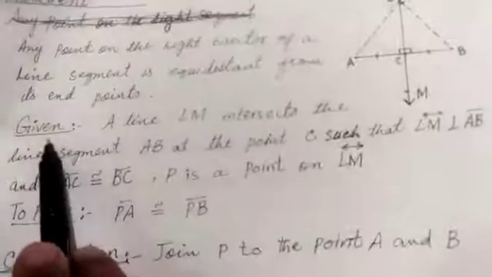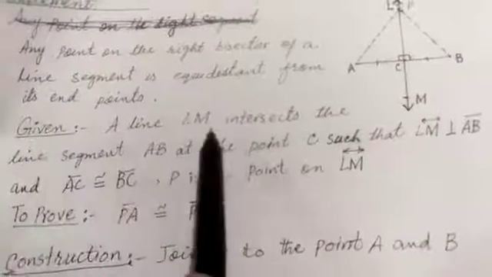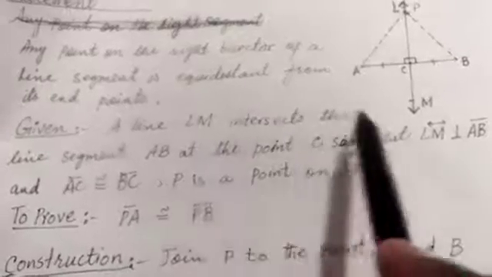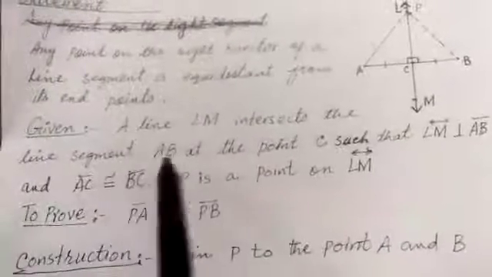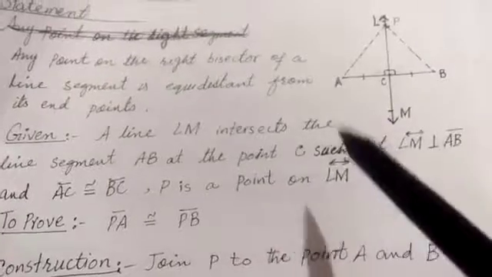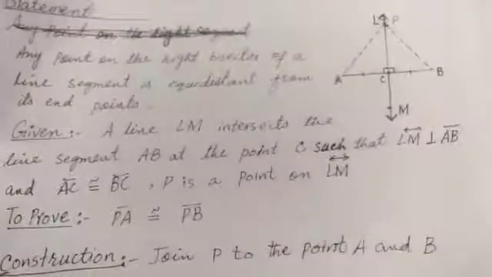Secondly, we will write given. A line LM intersects the line segment AB at the point C. According to this figure, we will write the given.